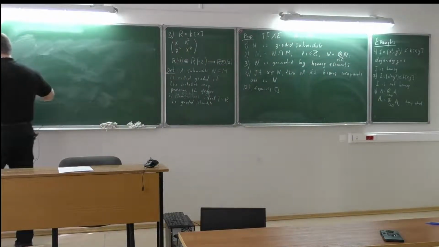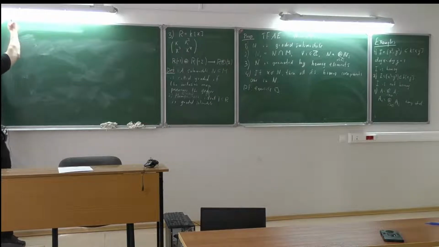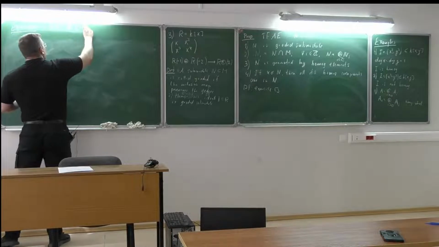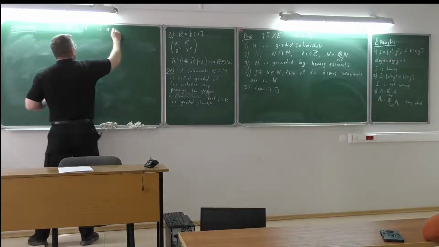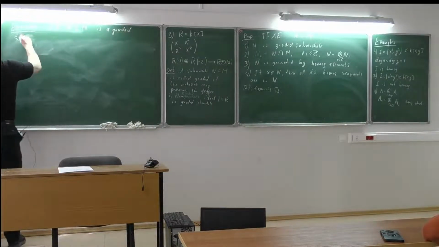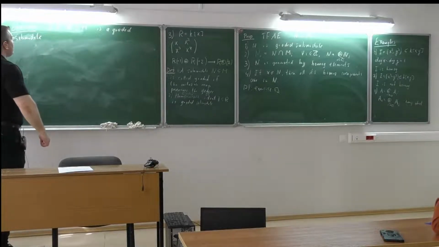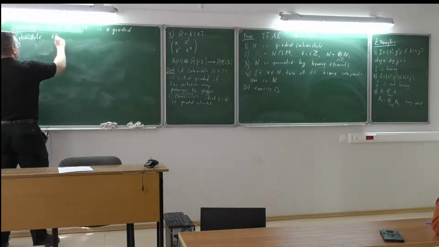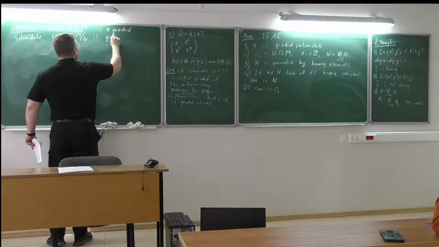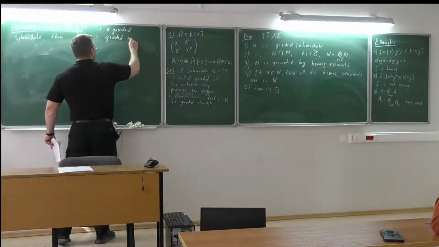Then, of course, there is a very straightforward exercise. Let's formulate this as an exercise: if N inside M is a graded submodule, then the quotient is a graded module.